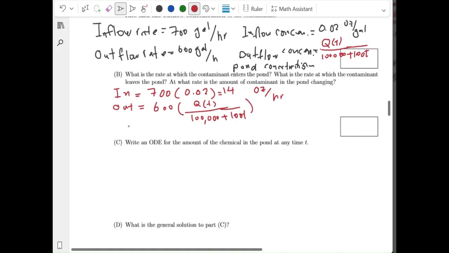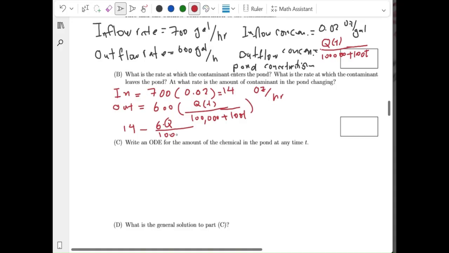And so the difference is going to be what remains in the pond. So this 14 minus 6, let's simplify this a little bit. There's 600, and I can factor out 100 from the denominator.